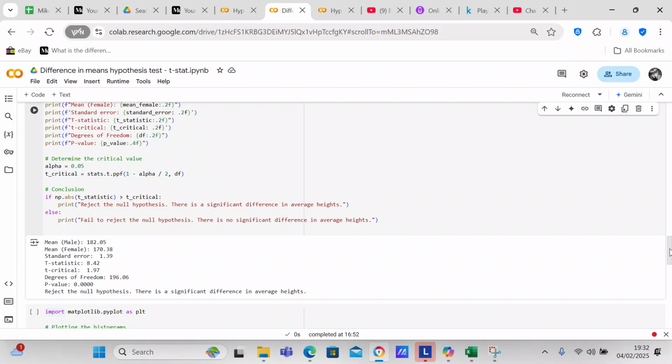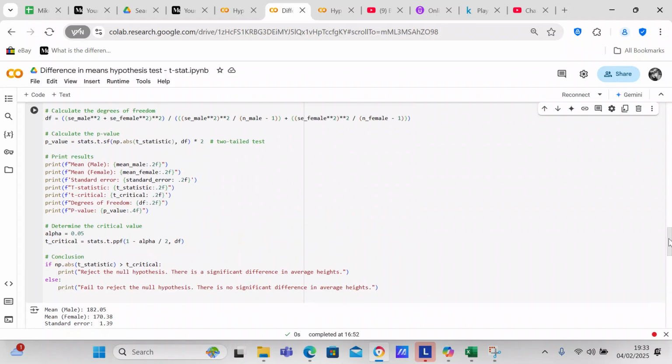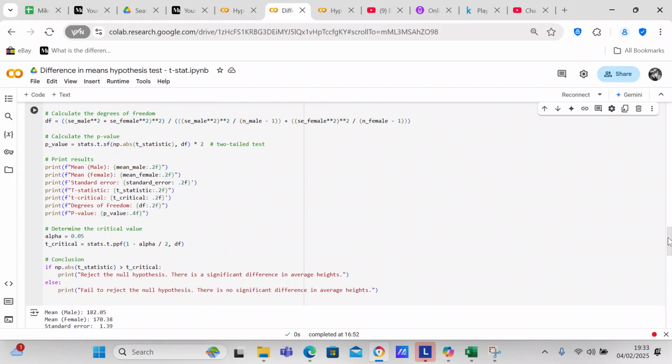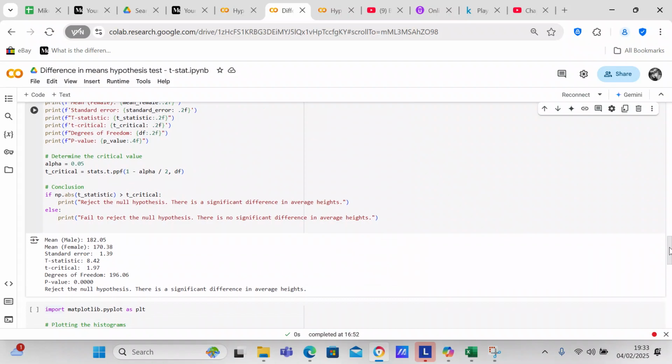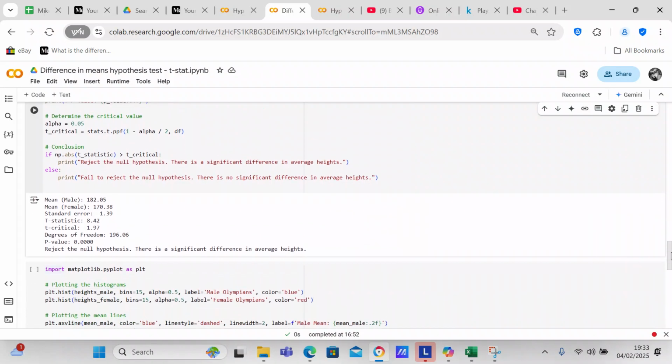And now what we're going to do is determine the critical value. So alpha is 0.05, which is your significance level. t_critical equals stats.t.ppf, which we've already talked about, 1 minus alpha divided by 2, comma df. And then we're going to have a conclusion.